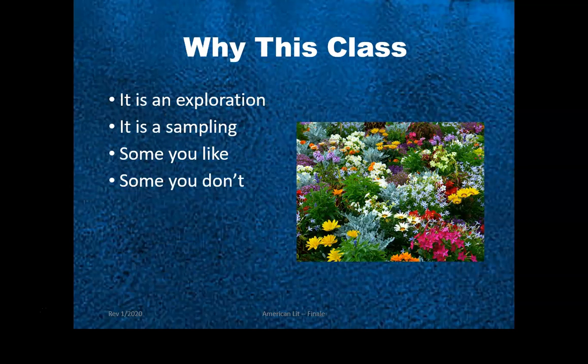So why this class and the way that it is structured? Because I know it is structured differently than your other classes are. Most of your other classes are linear, where you need to know one piece of information and then you move on to another piece that builds on that. This class does not really do that. I think of it as a flower garden, and it's an exploration where you go out and you pick various flowers and you smell them and see if you like them.